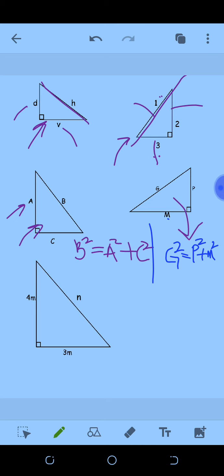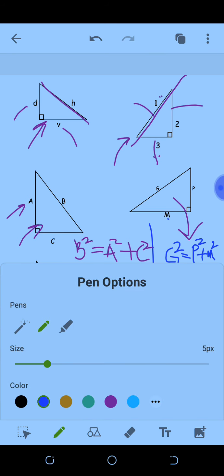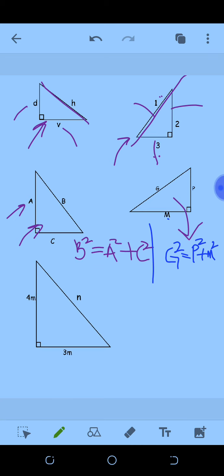So how do we apply Pythagoras theorem? There is an example right here. Let's get to it. So here, what is the value of n? This n right here. Using Pythagoras theorem, here we have n squared, the square of the hypotenuse.